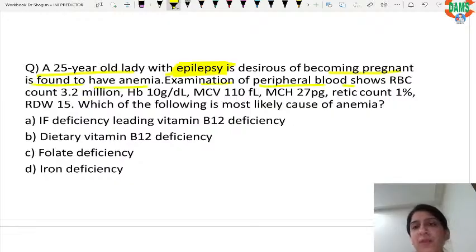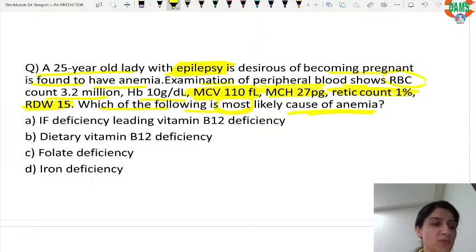Examination of peripheral blood shows RBC count 3.2 million, hemoglobin 10 gram per deciliter, MCV 110 femtoliter, MCH 27 picograms, retic count of 1%, RDW of 15. Which of the following is the most likely cause of anemia? Classical MCQ, epilepsy.